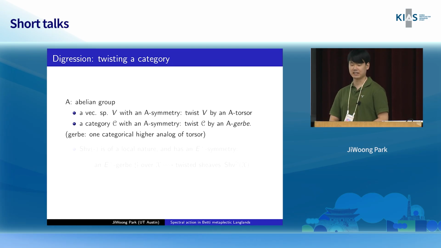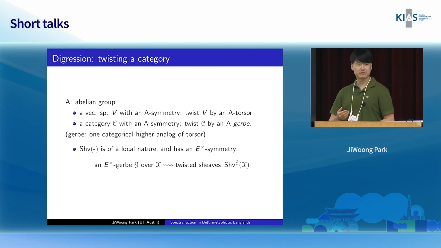Say that you are given an abelian group A, and a vector space with an A-symmetry. You can twist the vector space given an A-torsor. You can go one level higher. If you have a category with an A-symmetry, then you can twist the category given an A-gerbe. If you're unfamiliar with the notion of gerbe, this is just the one-categorical-higher analog of a torsor.